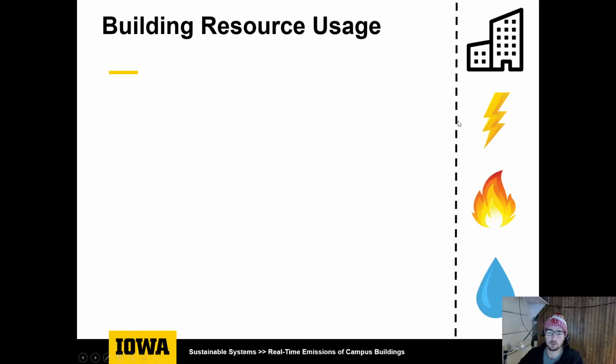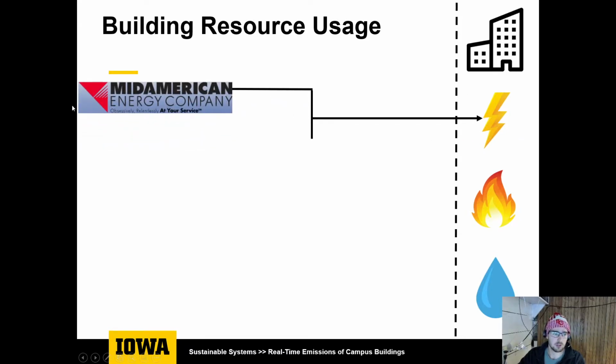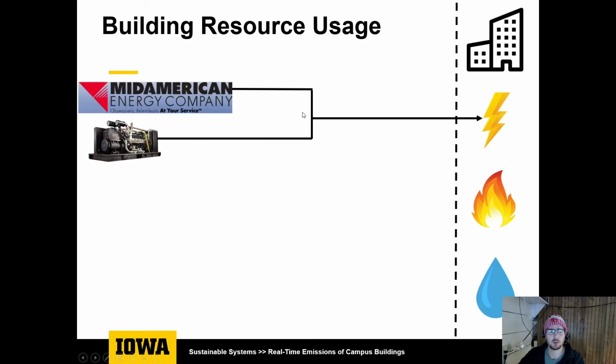So for example, for electric, we have to backtrack the electric usage to its sources. Our source of electric is Mid-American Energy Company, or we generate some electric at natural gas engines. We also have a solar array on campus.